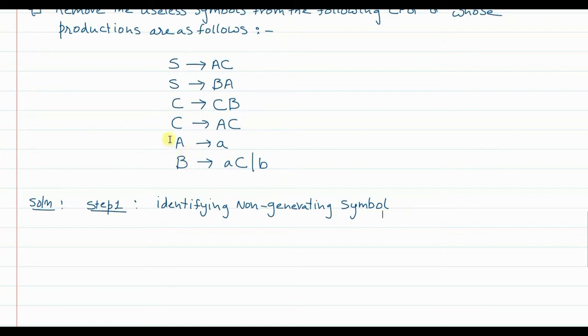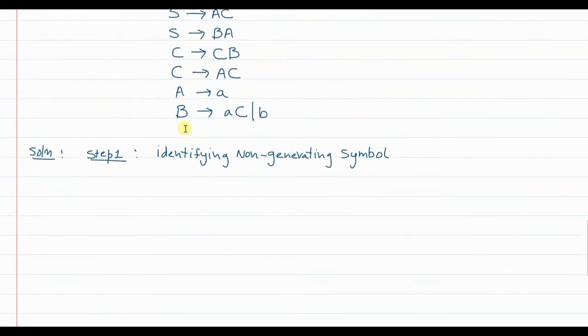Now when you go to C, C can replace itself with CB, or C can replace itself with AC. So in both cases C is not able to replace itself with a terminal string.